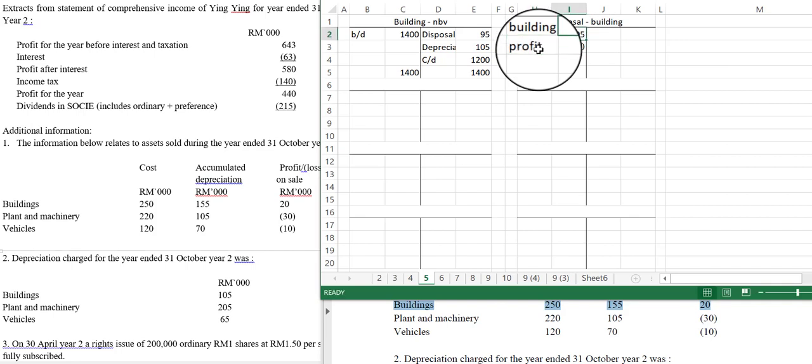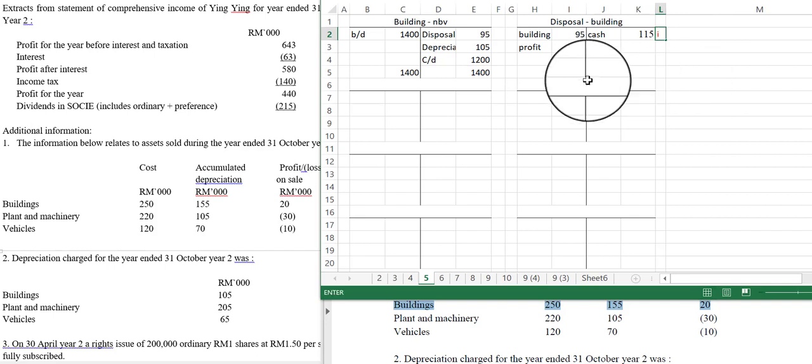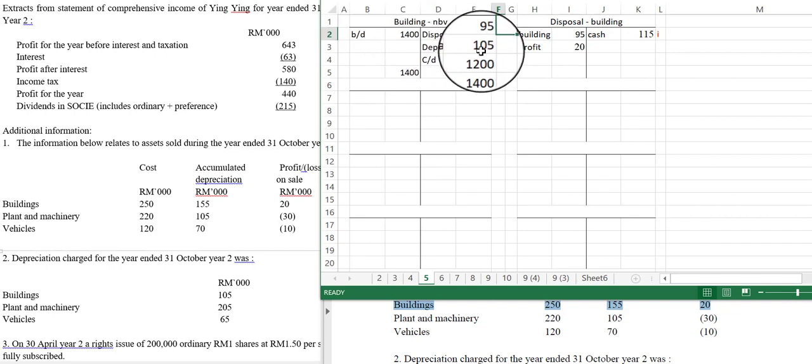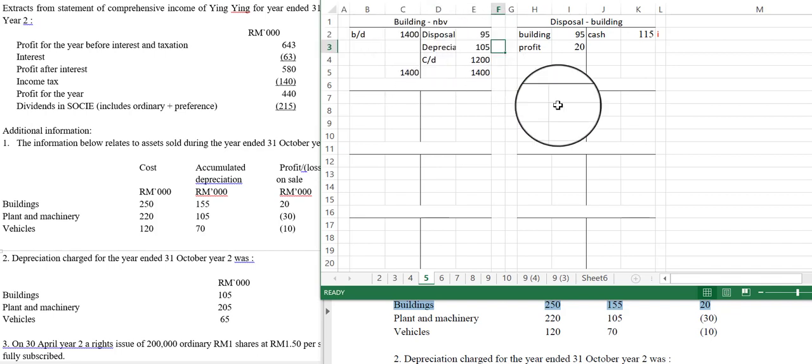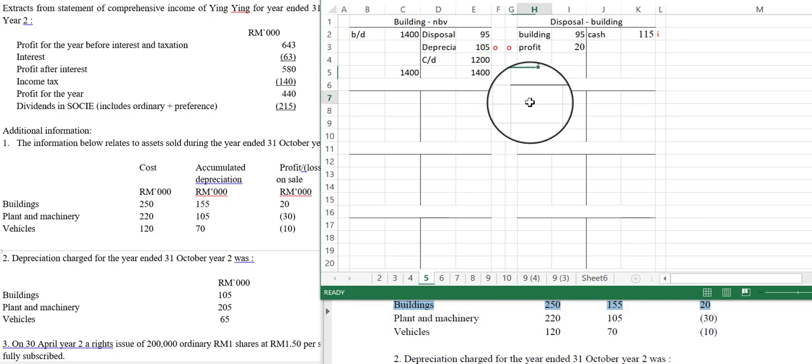It means that the total cash received is actually 115. This cash you will be using in your investing activities later. On this side you have nothing that you really need to do, except this depreciation figure you'll use in the operating activities later, and here the profit you'll also use in the operating activities later.